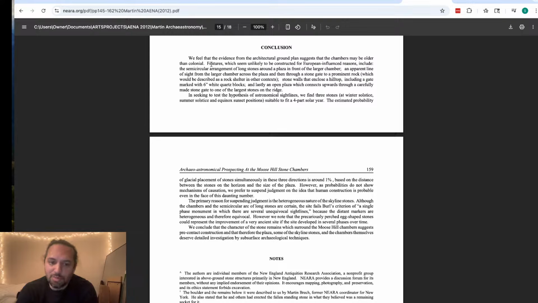Okay. The primary reason for suspending judgment is the heterogeneous nature of the skyline stones. Heterogeneous. So they're different. They're different materials, I guess.